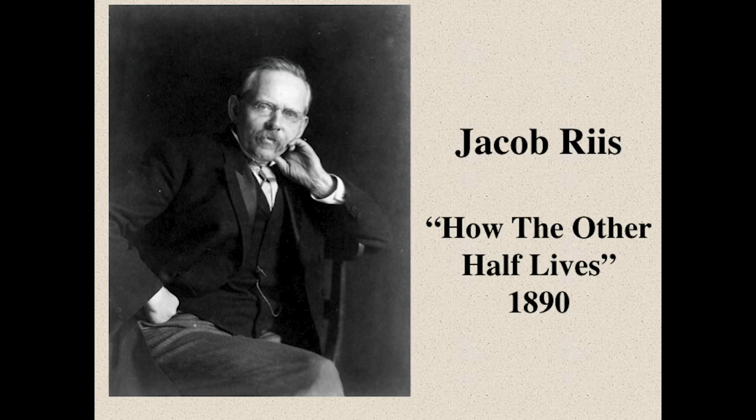So here's a picture of Jacob Riis, and I have noted How the Other Half Lives, 1890, which is his publication. Jacob Riis was born in Denmark, and he documented the living conditions in the Lower East Side, New York City, and his intent was to bring about reform.